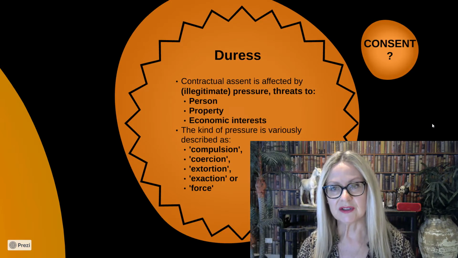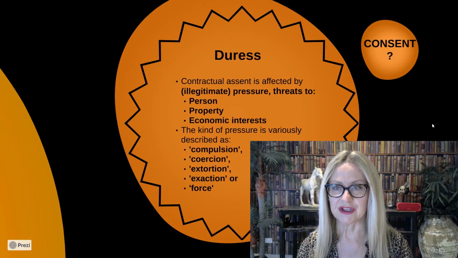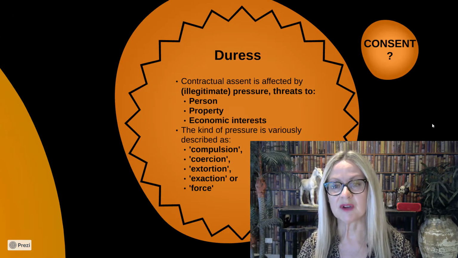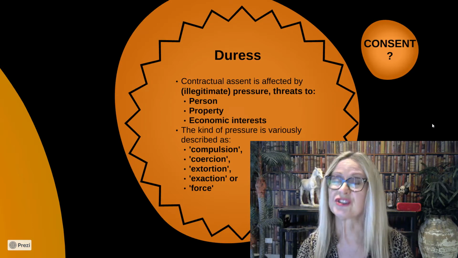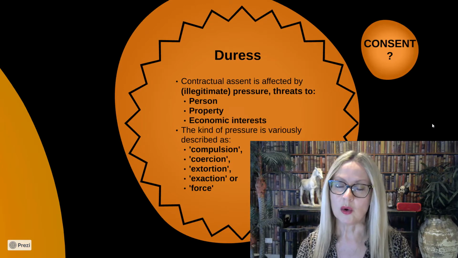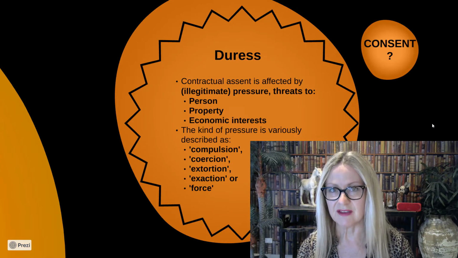So contractual assent is going to be affected by fairly extreme pressure, illegitimate pressure, in terms of threats to person, property, or economic interests. And the pressure is sometimes described as compulsion, coercion, extortion, exaction, or force. So as you can see, all of those synonyms describe a pressure that is quite extraordinary.